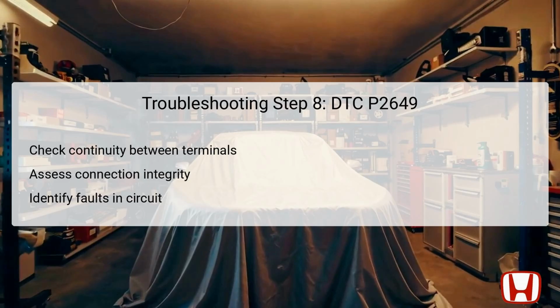Any discrepancies in continuity may indicate a fault in the circuit, which could range from damaged wiring to poor connections. If continuity is present, it suggests that the communication pathway is intact. Conversely, lack of continuity would require further inspection and potential repair of the wiring or connectors involved in the circuit.